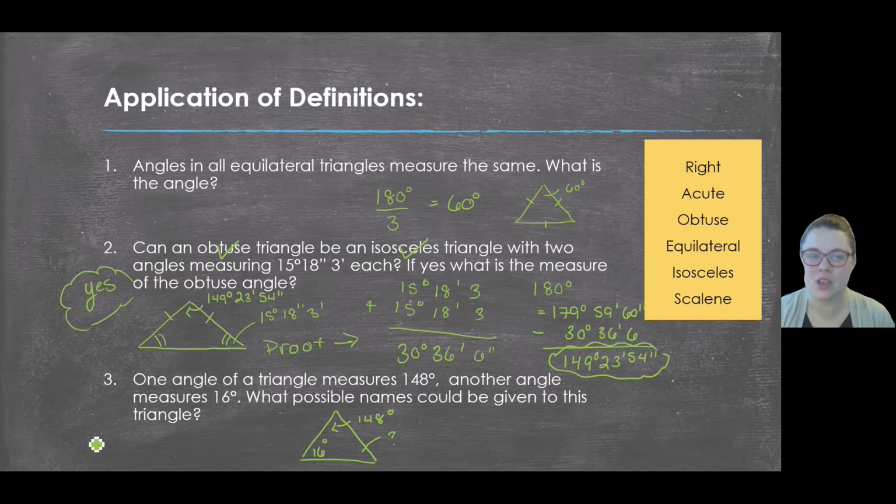All right, so we're going to take 180. We're going to subtract the angles that we know, so 180 minus 148 minus 16. So take a moment in your calculator, take 180 minus 148 minus 16. Now, for the most part, if you actually follow along and pull your calculator out, it's really worth doing it.